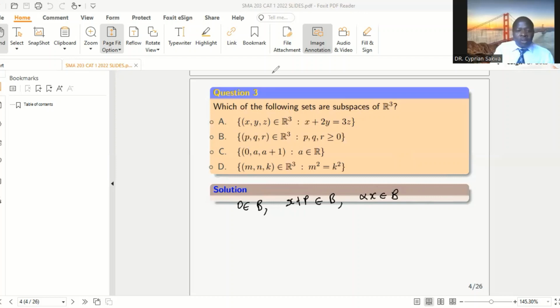Now, I just want to call this set B, the set of P, Q, R such that P, Q, R are greater than or equal to 0.